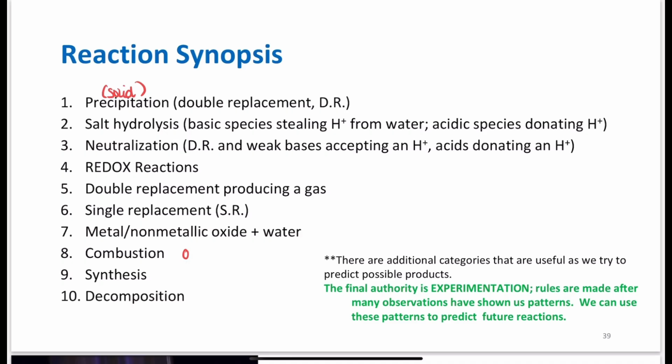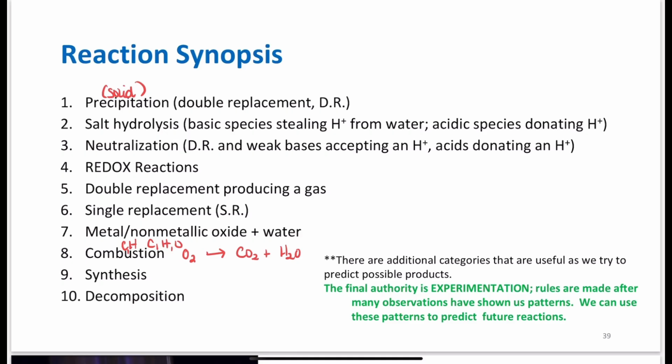So remember, combustion is where you have the reactant plus O2 gives you CO2 plus water. Assuming that your reactants here are only carbon, hydrogen, or carbon, hydrogen, oxygen. Synthesis is where you take more than one reactant and make one product, or generally speaking, less products. And the decomposition reaction is where you take one or two things and you decompose into more product.